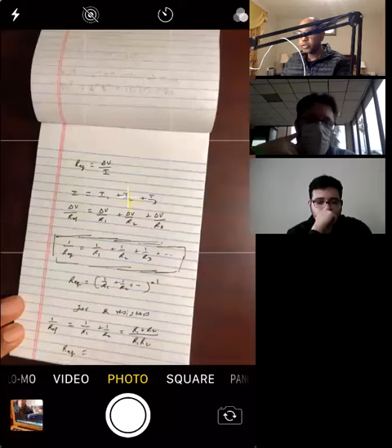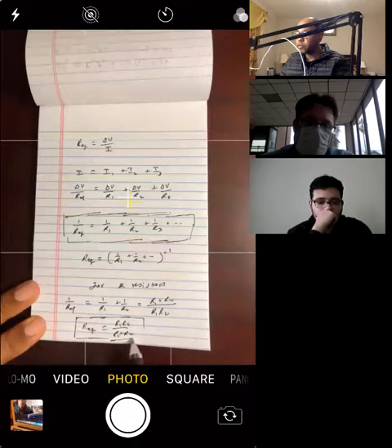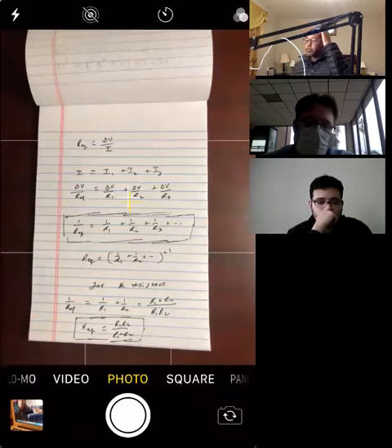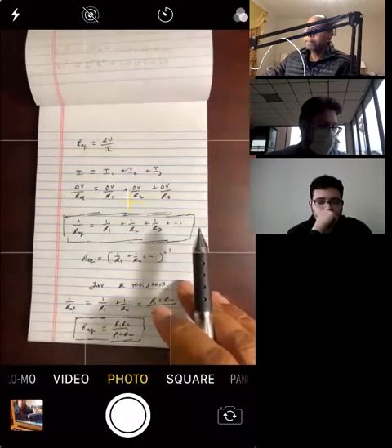REQ is product over sum. It got inverted because it's an inverse. So this is simply product over sum. But remember, this formula doesn't work if you have more than 2 resistors. This applies only for 2 resistors. If you've got more than 2 resistors, you have to use the original formula.